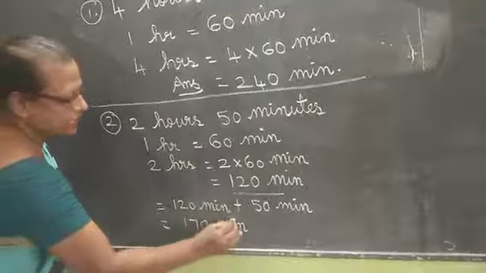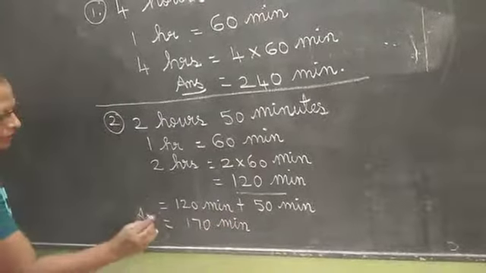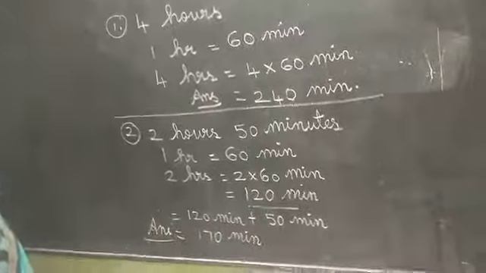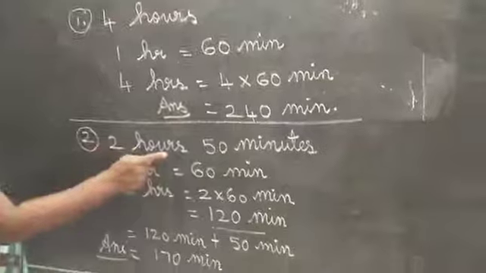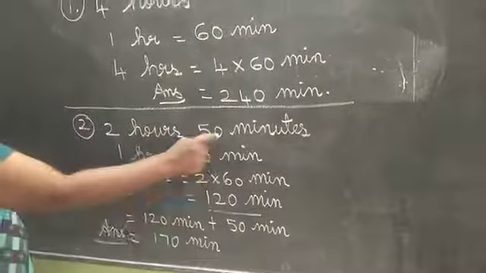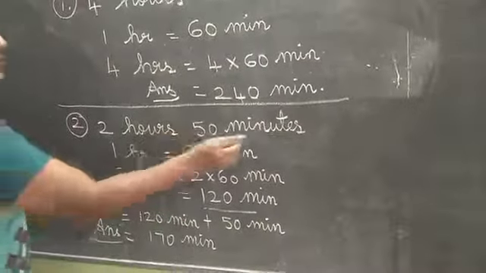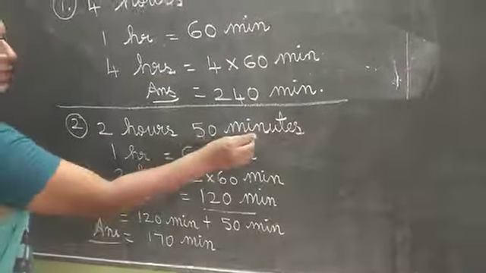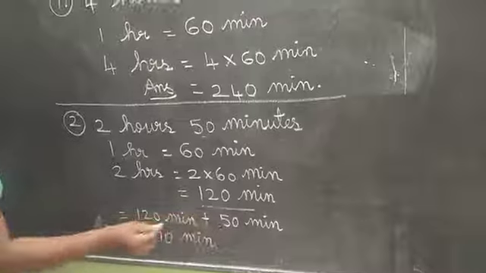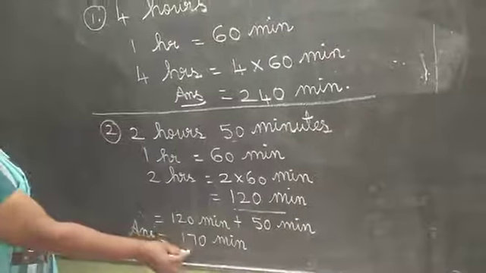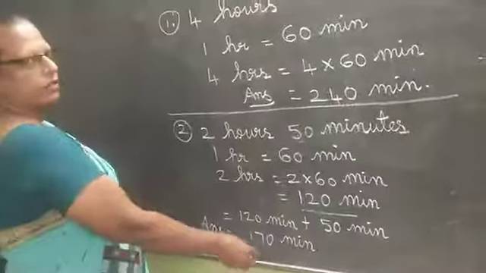So that's the answer, children. Easy, no children? See, first you have to find for 2 hours and then add that answer to this, because it's already in minutes, so you should not convert it. You directly add it with this number, and this is the answer. Okay children, we'll see the third sum.